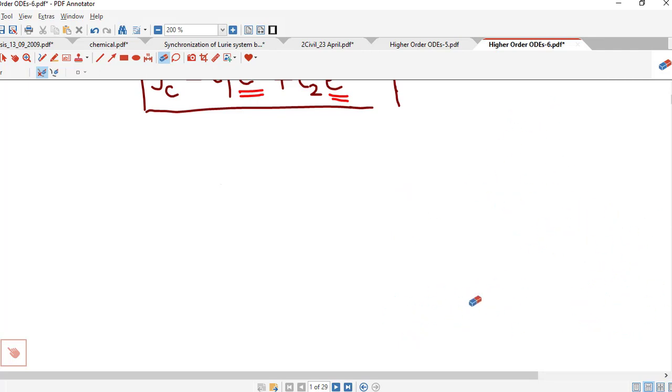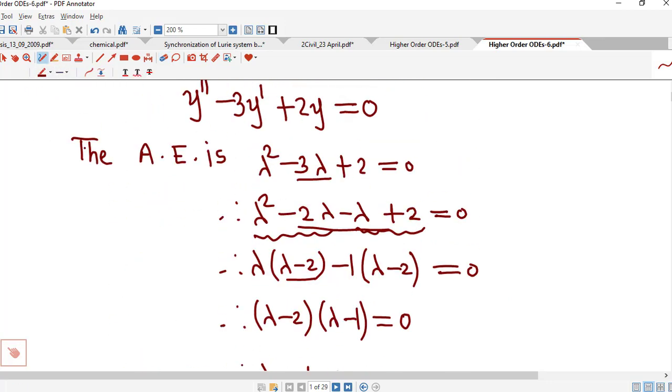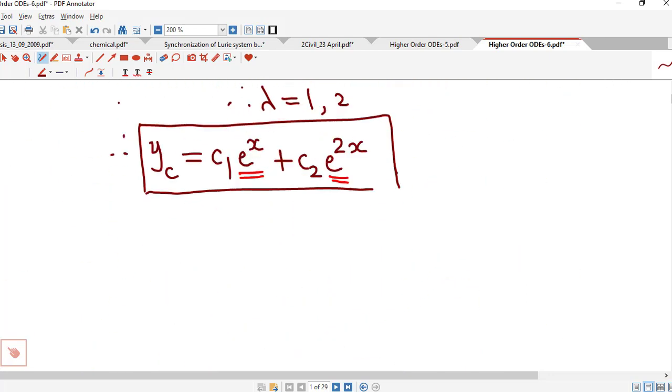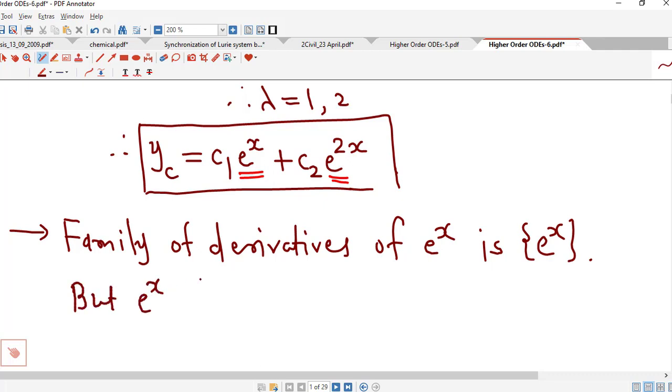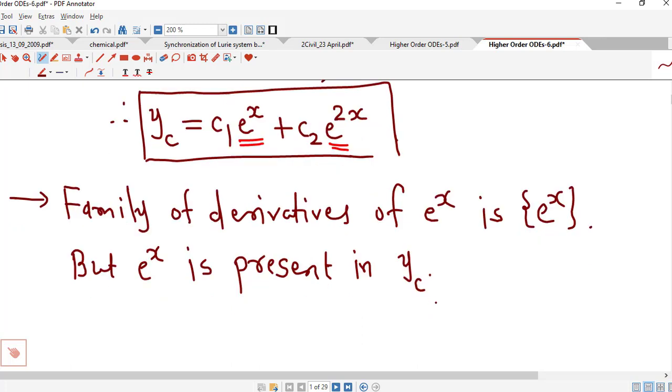So now we try to find the solution of this problem. Here the right hand side is e raised to x. We can write here, the family of derivatives of e raised to x is a set containing e raised to x, but e raised to x is present in the complementary function.